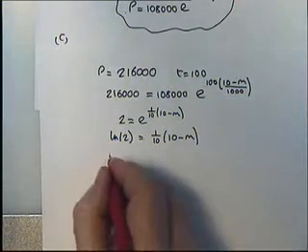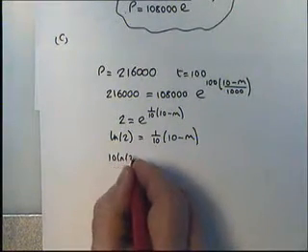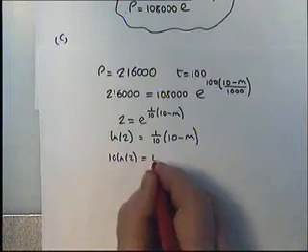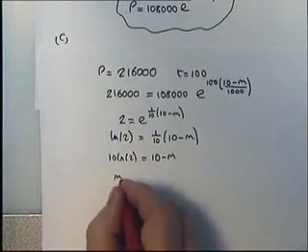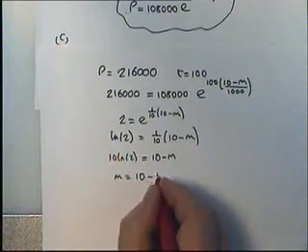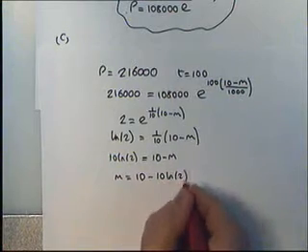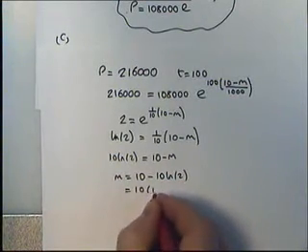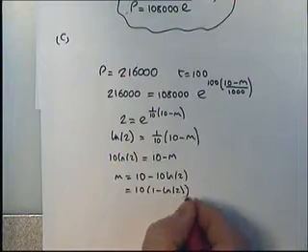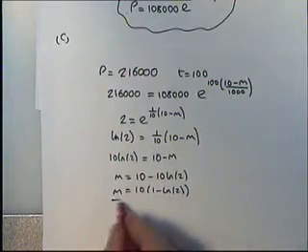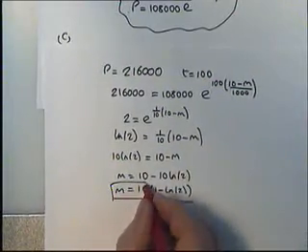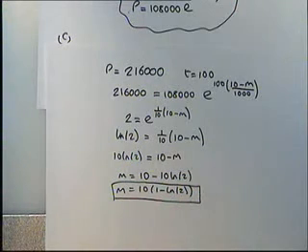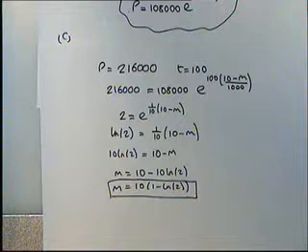And then we're going to rearrange, so that's 10 ln 2 equals 10 minus m. So the death rate will be 10 minus 10 ln 2, or 10 lots of 1 minus ln 2. So that's the death rate. And you can work that out, but that's the exact answer. Okay, so work it out by putting it in your calculator. But that is the exact answer.